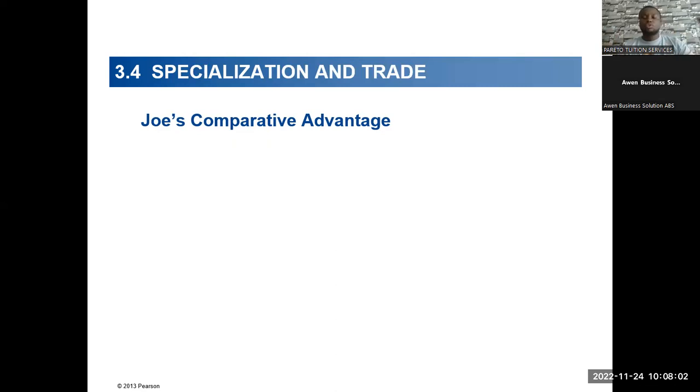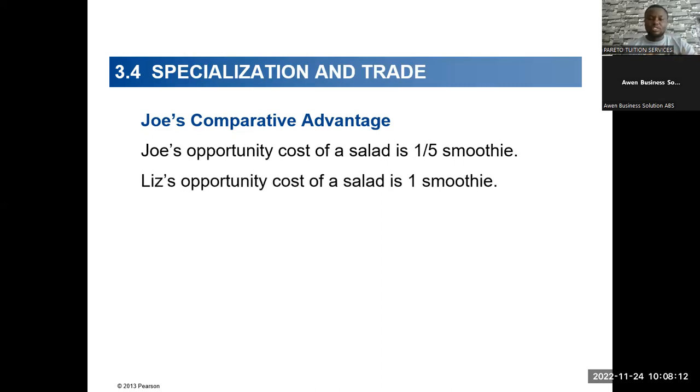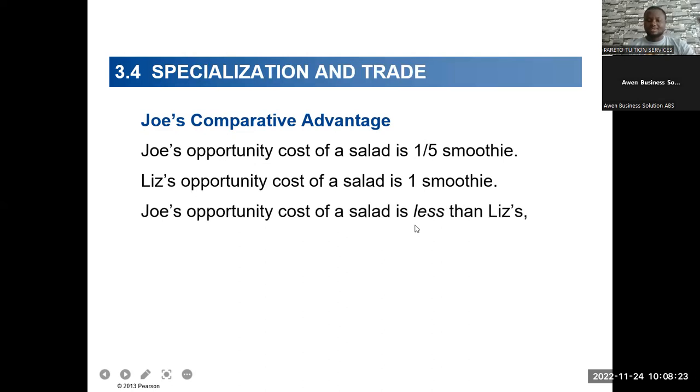Let's look at Joe's comparative advantage too. Joe's opportunity cost of a salad, remember, is 1/5 smoothie, right? Yes. Then Liz's opportunity cost of salad is 1. So if you look at this, Joe also has a comparative advantage in producing what? Salad, because the opportunity cost there is lower.